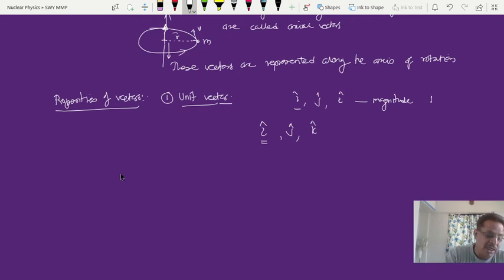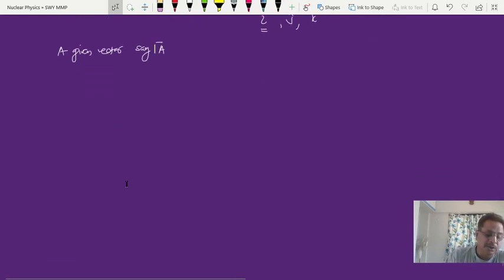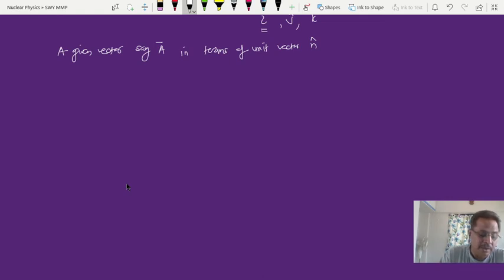Now for any ordinary vector, if I am given some vector A, we can calculate its unit vector by the following method. Say a given vector A bar, in terms of the unit vector, I am calling it n cap.